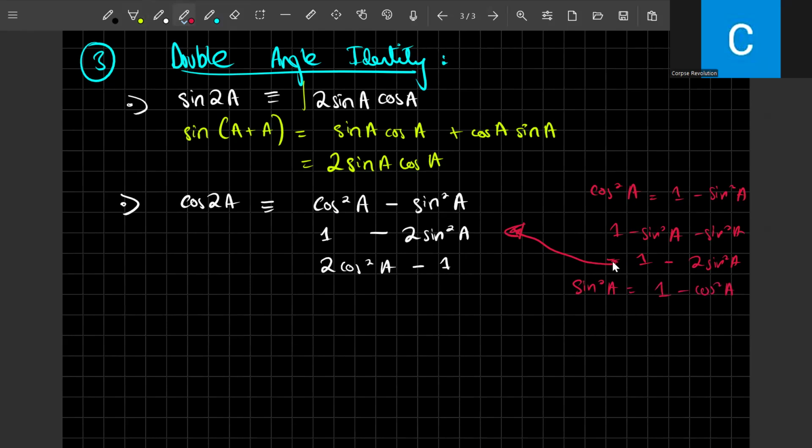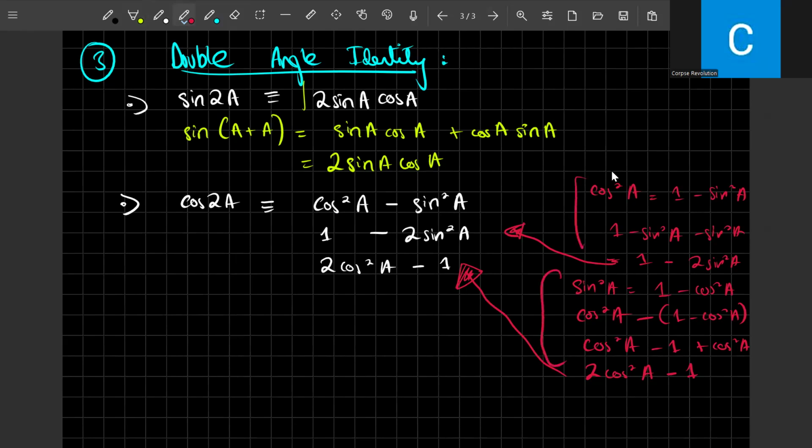Then cos square a minus sine square a is cos square a minus 1 plus cos square a, and we get 2 cos square a minus 1, which is this. So these are basically three versions of the same thing. I would recommend you learn it by heart, because in the exam you don't have this much time to figure stuff out.